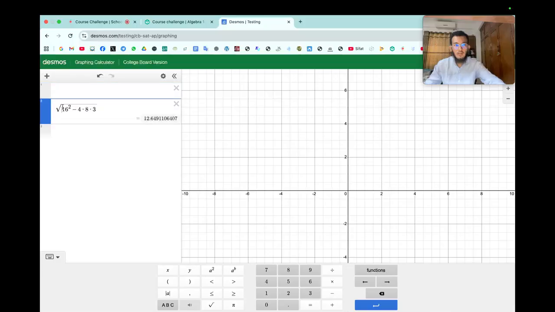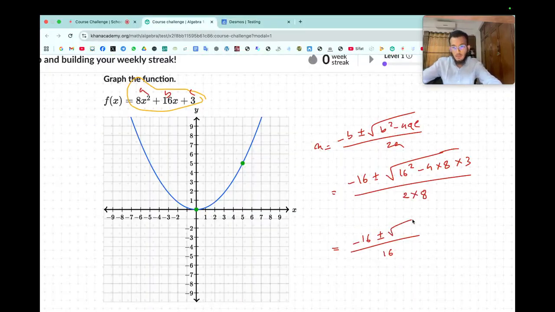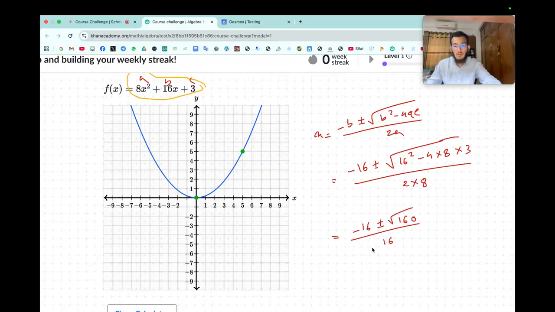So let's find, okay, 160. So plus minus root 160, which means the entire thing will not be an integer.